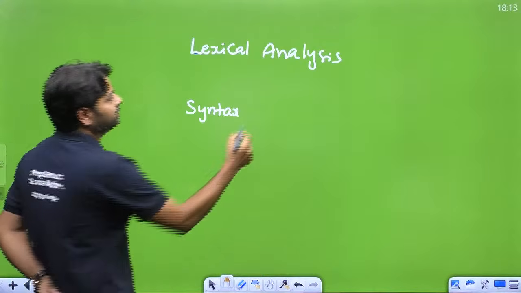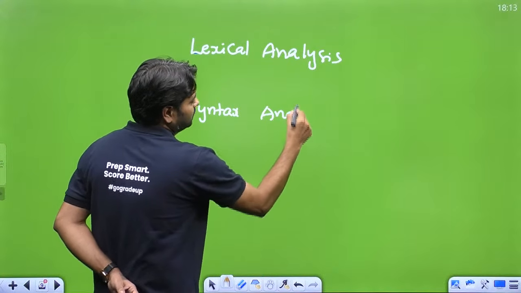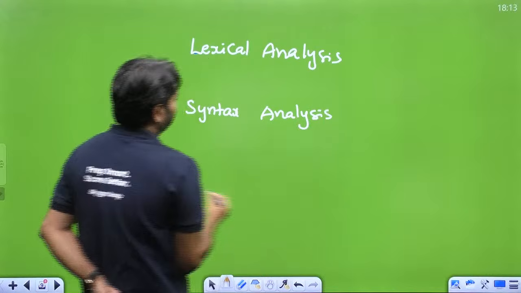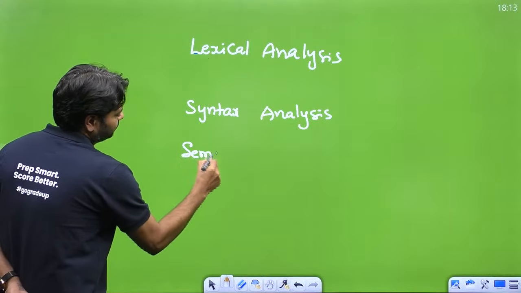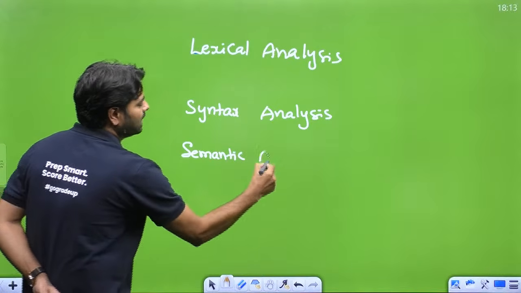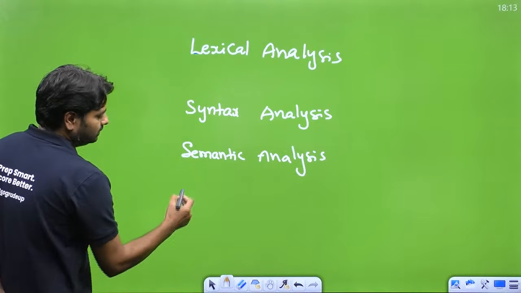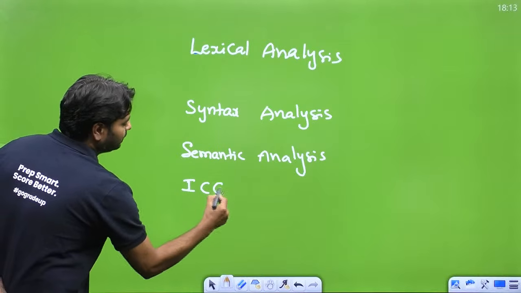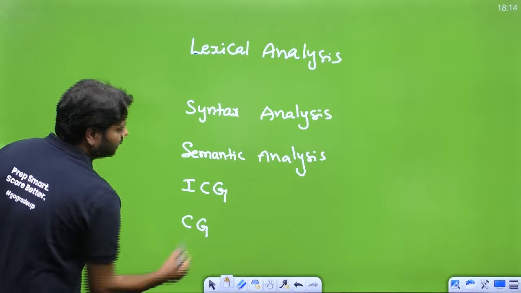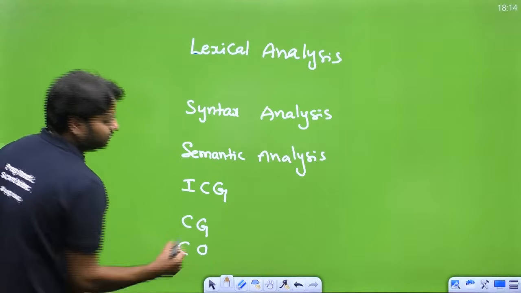Don't go beyond that. What can we predict in the exam about these 6 phases or 7 phases: intermediate code generation, and code optimization.